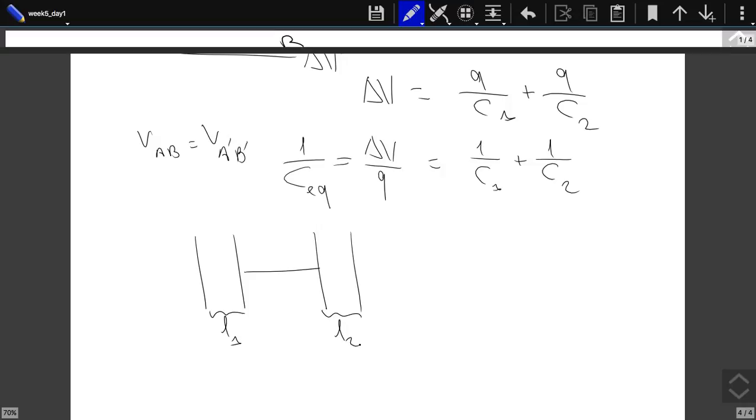They're not completely identical. L values are different to make sure that they have different capacitance. So they have the areas A and A. C1, if you remember the expression, was epsilon 0 A over L1. And C2 is epsilon 0 A over L2.